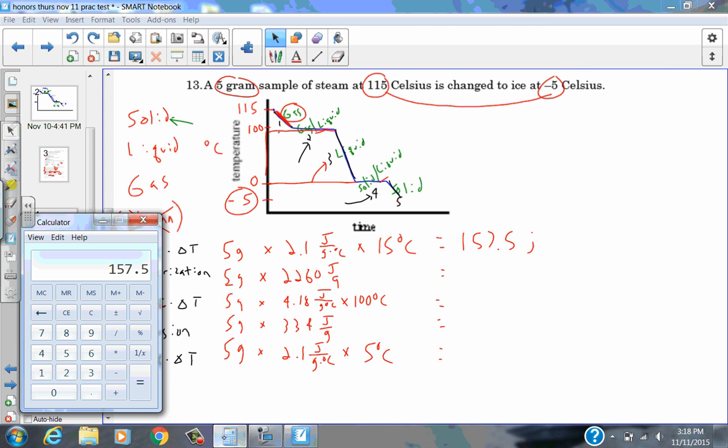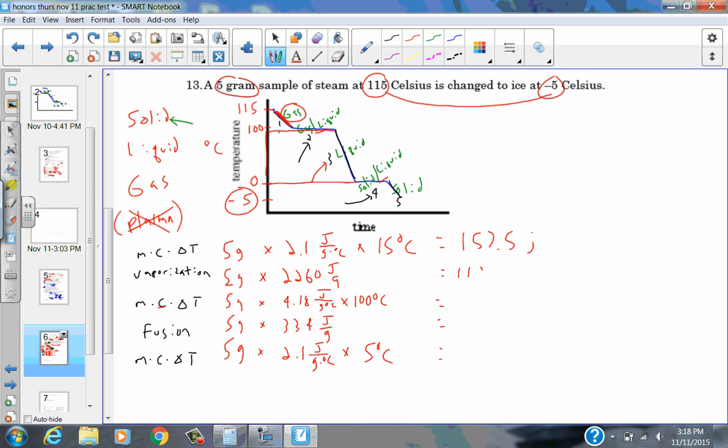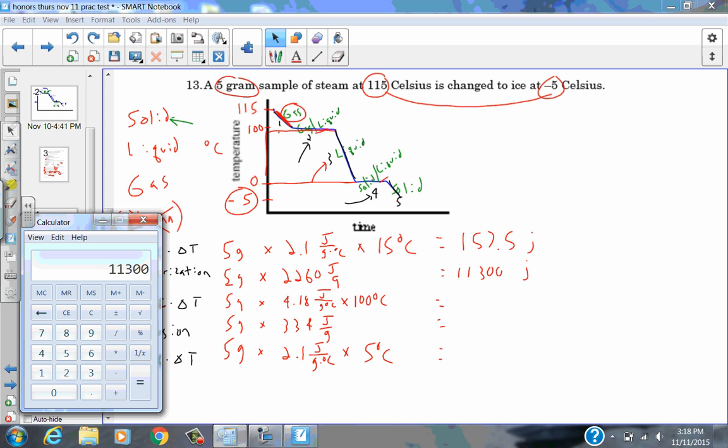I'm going to keep in a little bit faster mode. The next one, also 5 times 2260, is 11,300 joules. The third section, 5 times 4.18 times 100, is 2,090.